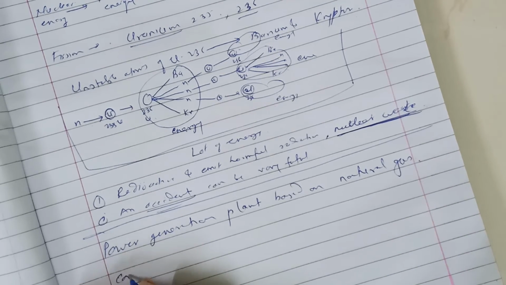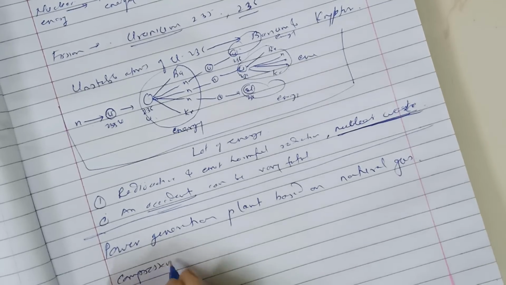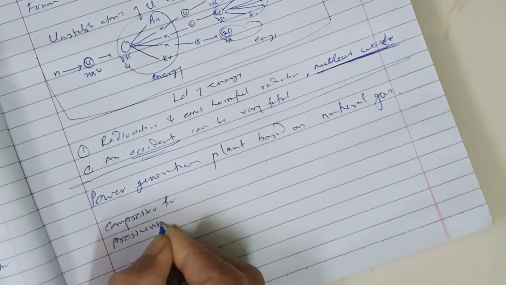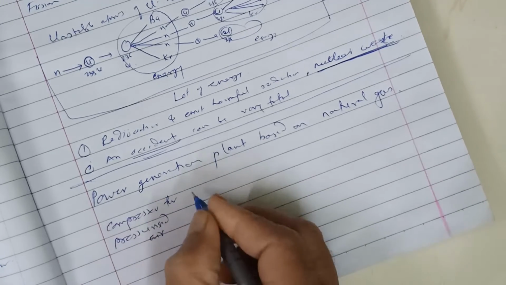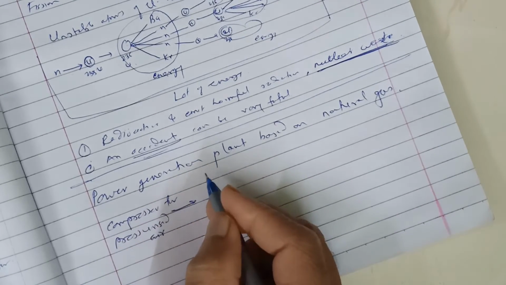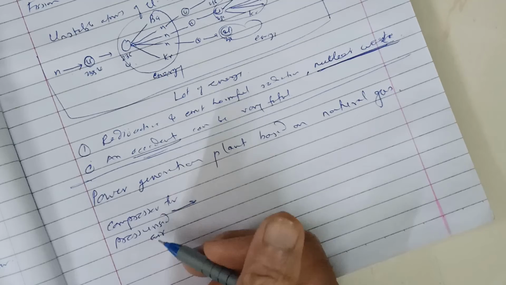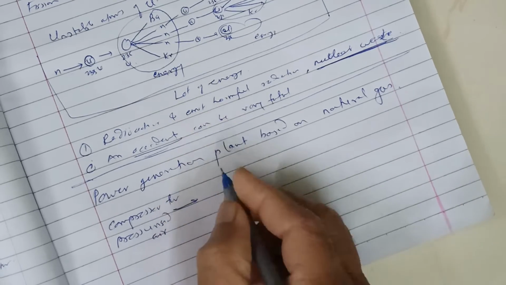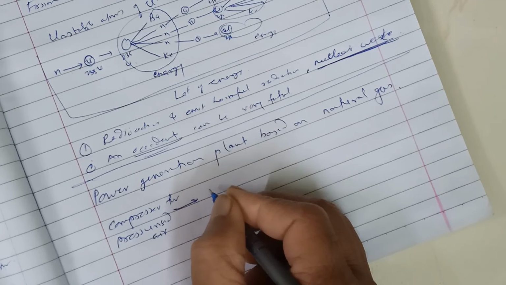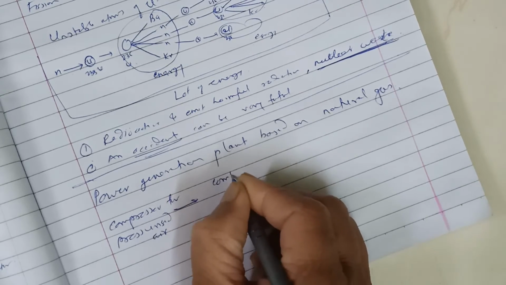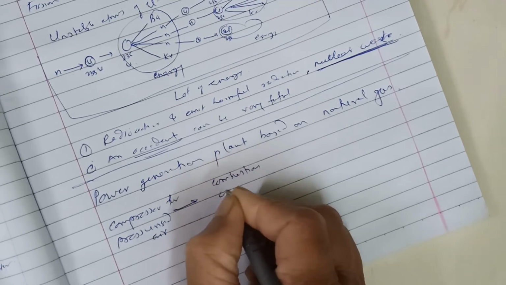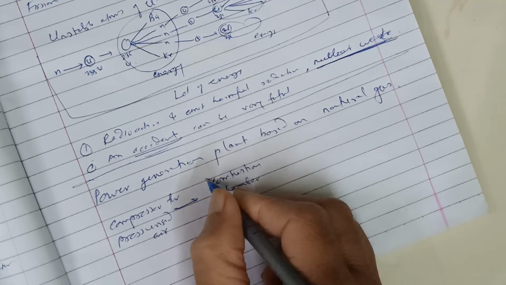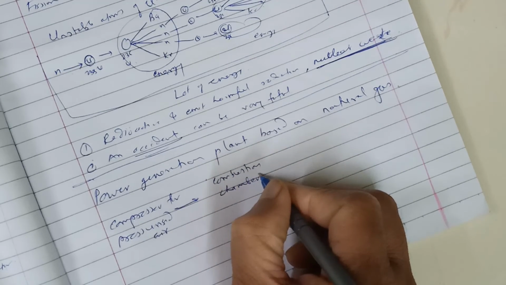The compressor is for pressurized air. By using this, at a very high temperature and pressure the air is compressed, and then in a combustion chamber, by using the natural gas, heat is generated.